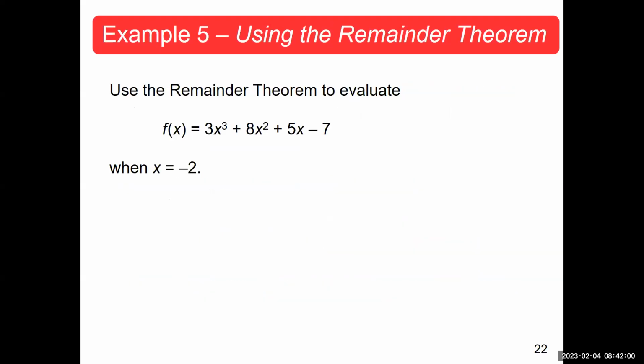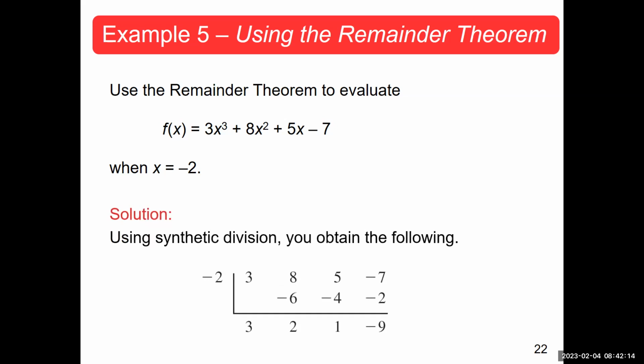We already talked about the remainder theorem. They give you examples to verify that. So if we do the dividing here at x equal -2, we put the coefficients.